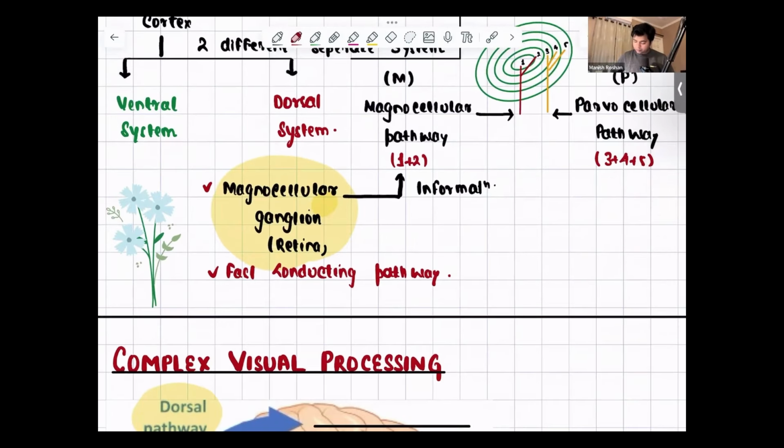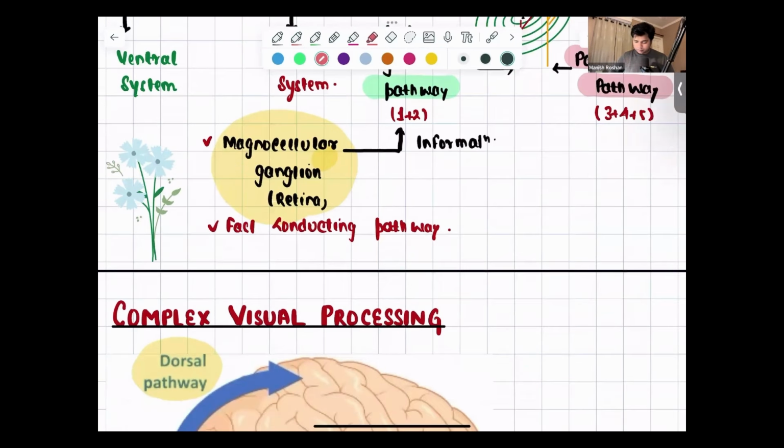Now, parvocellular, on the other hand, arises from layers 3, 4, and 5, as we also know.